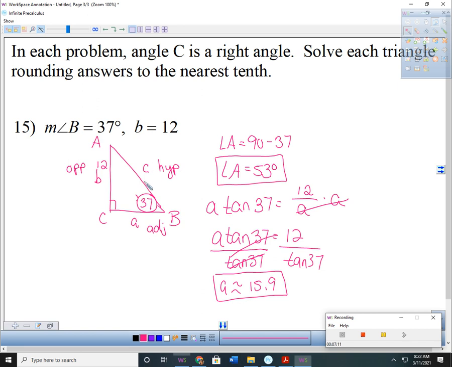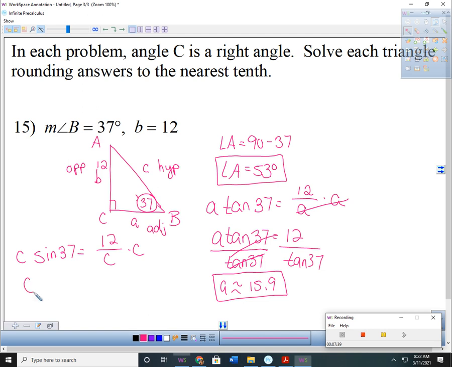All right, then the only other side I need to find is my hypotenuse. So I would do opposite, because that's the side that I have, and the hypotenuse is the side I'm trying to find. So opposite and hypotenuse is sine. So sine of 37 is equal to 12 over C. And then I'm going to get that C off the bottom just like I did with the tangent.